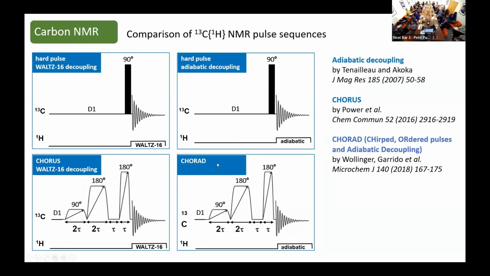This CHORUS we published because we didn't find in the literature the combination of this CHORUS pulse for carbon and also the adiabatic decoupling for hydrogen. And the sequence for adiabatic decoupling was published by this group of Professor Akoka in 2007, the CHORUS in 2016, and in 2018 we did this. This was done during my PhD studies, and Bruno was one of my advisors, so we did this together.